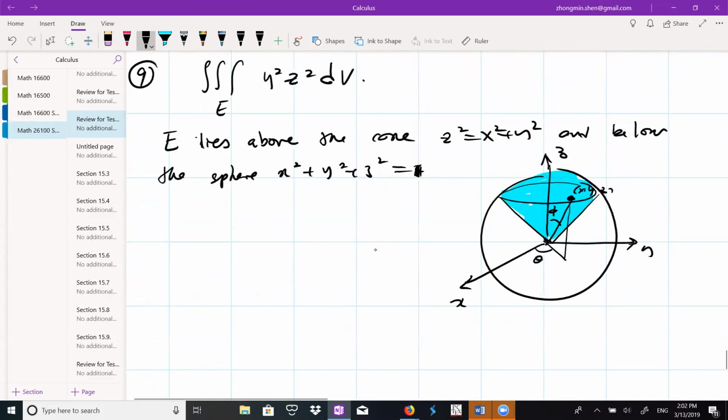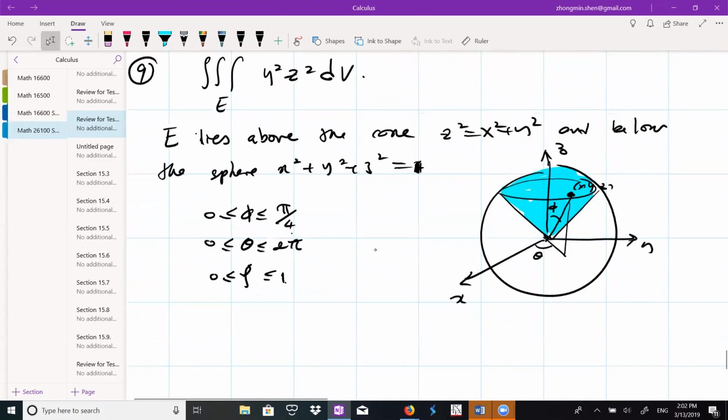Now clearly phi is going to be between 0 and pi over 4. Theta is between 0 and 2 pi, and rho is between 0 and 1.